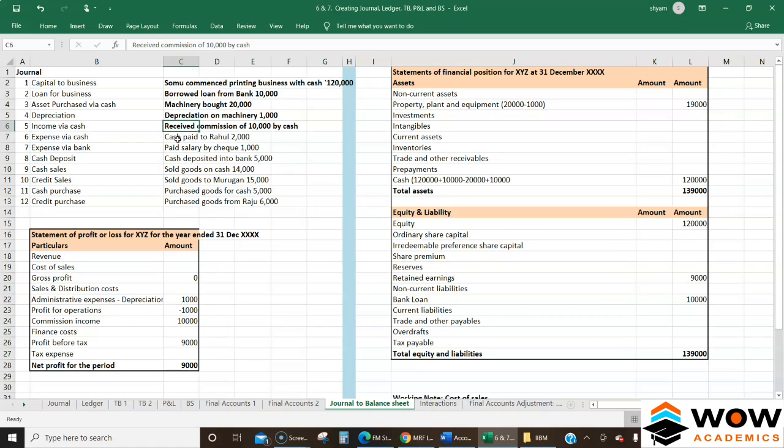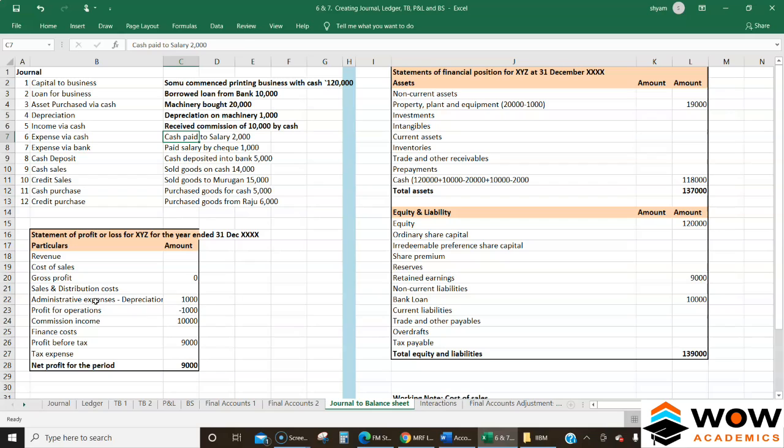The next item is, we have already adjusted this as salary. We earlier had it as Rahul, and we have converted that into salary. So cash paid for salary is 2,000. As cash is going out of your business, you have to deduct 2,000, so this number will become 1,18,000. At the same time, as it is a salary, it is an expense, and you have to show it under some heading.